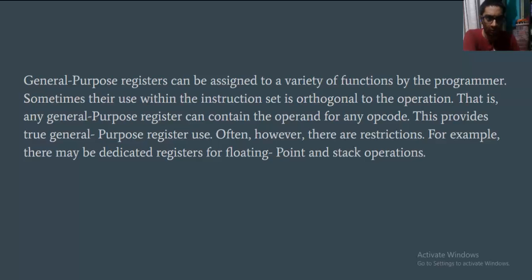So you're storing operands in general purpose registers. This provides true general purpose register use. Often, however, there are restrictions. For example, there may be dedicated registers for floating point and stack operations.